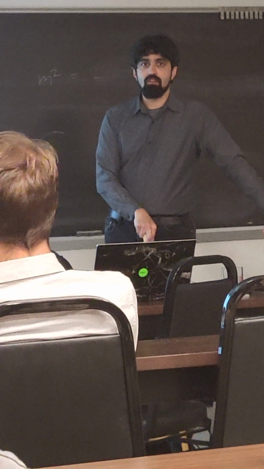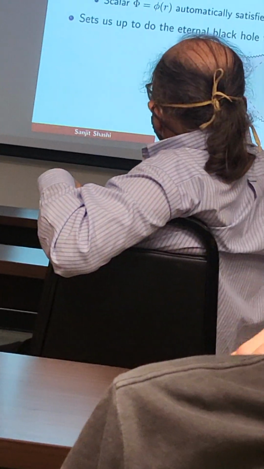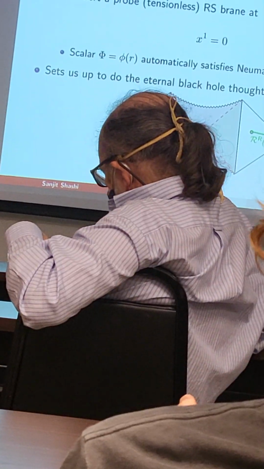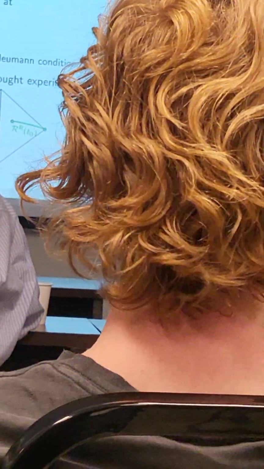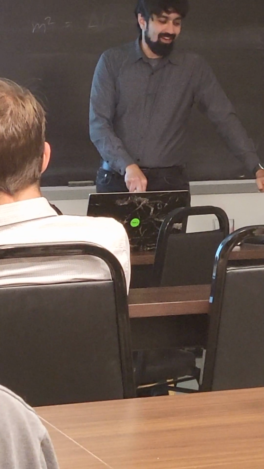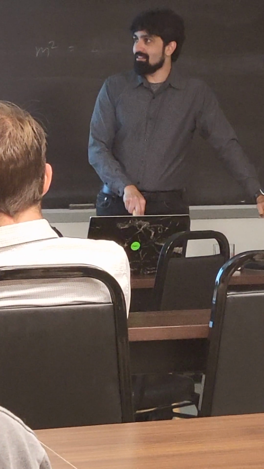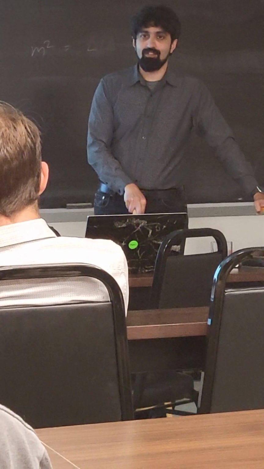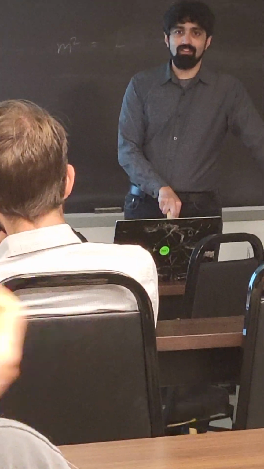Nick? Just a naive question. Was there a big picture takeaway from these calculations? I get a flat Page curve for Neumann boundary conditions and a realistic Page curve for Dirichlet. I imagine that breaking diff invariance is important generally. Yeah. I think one of the takeaways would be, and I would argue this, that breaking diff invariance and introducing that Dirichlet condition is how you get the Page curve, generally.